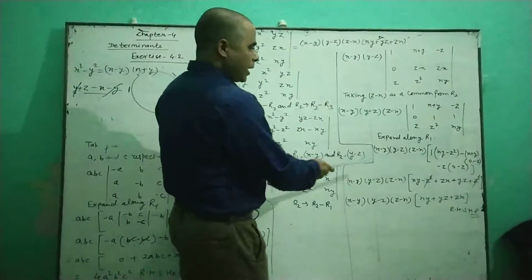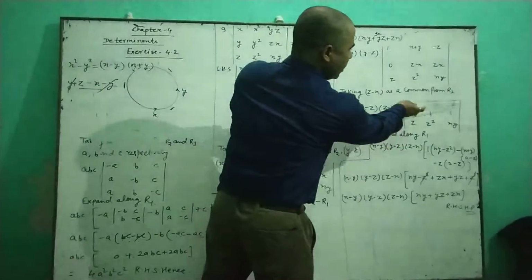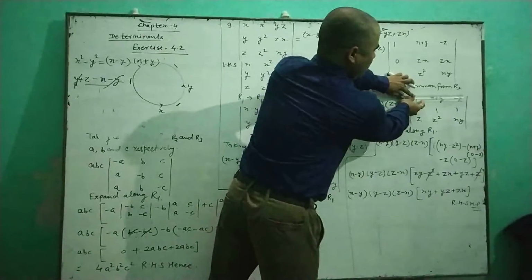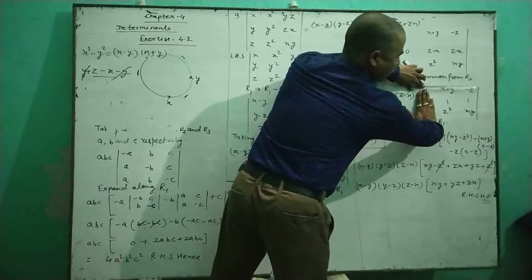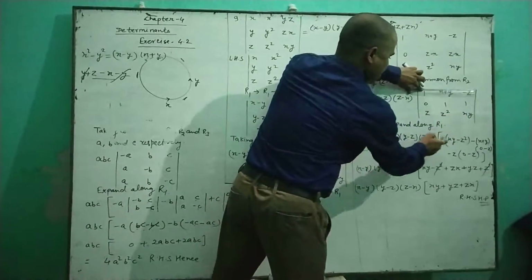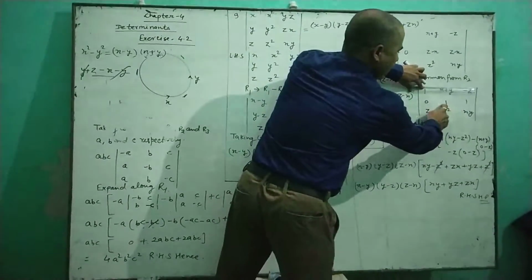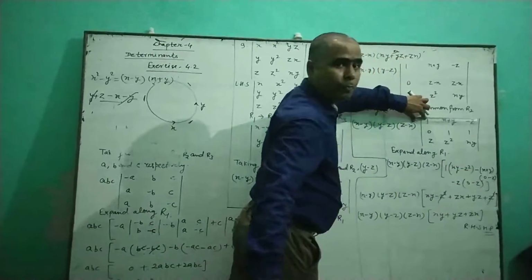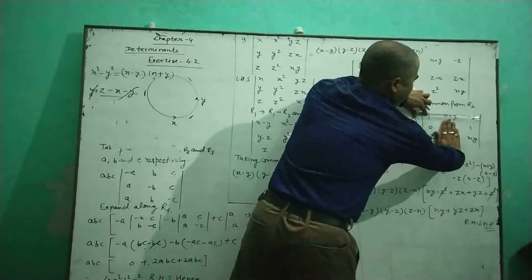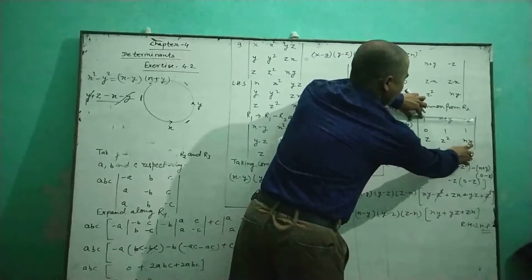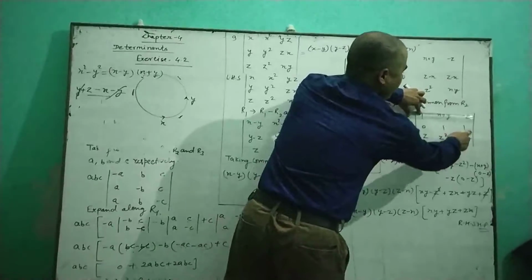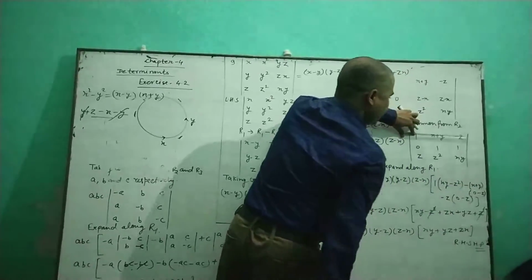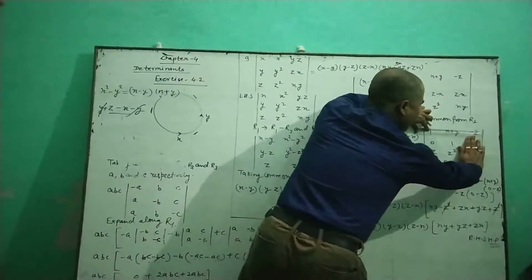Closing the first column element, what is left is 1, 1; z square, xy. So xy multiplied, and z square minus z square. After that we close the second, 0, 1; z, xy, and we multiply by 0, and we have to minus z.